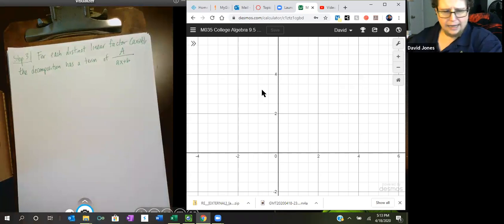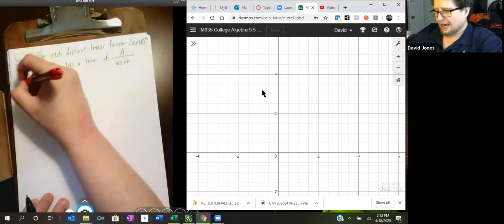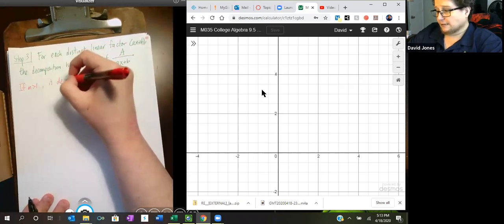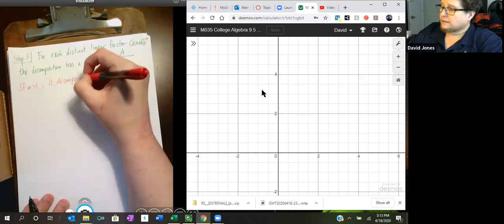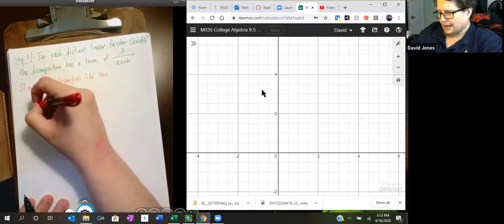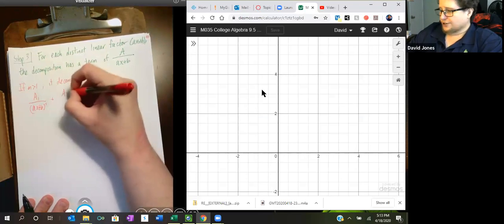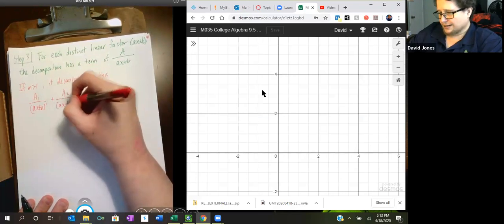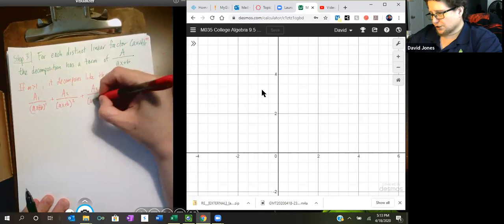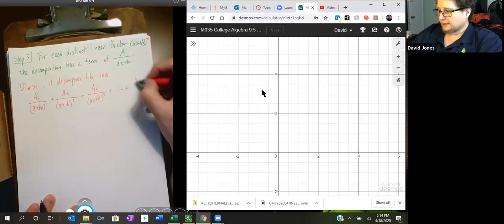Then we had this was ax plus b to the m. If m is greater than 1, it decomposes like this. We'll have a1 over ax plus b to the first power plus a2 over ax plus b to the second power plus, if we have an a3, just so you see how the trend is going, all the way up to m terms.